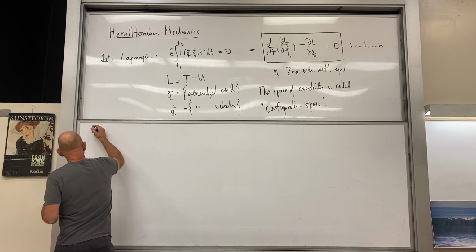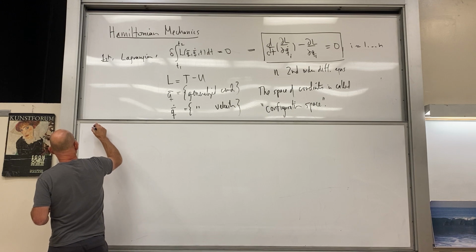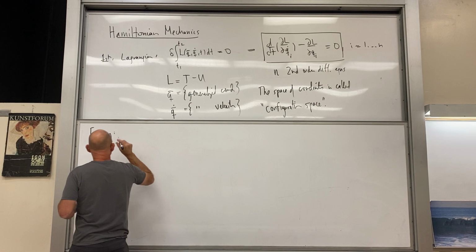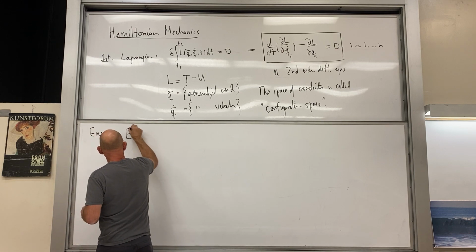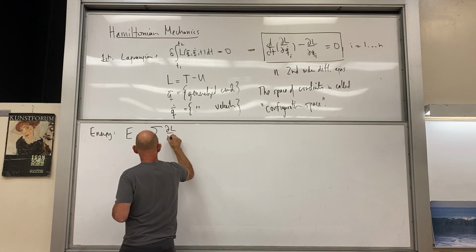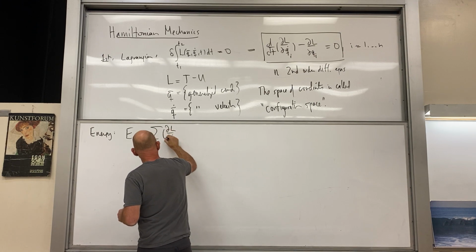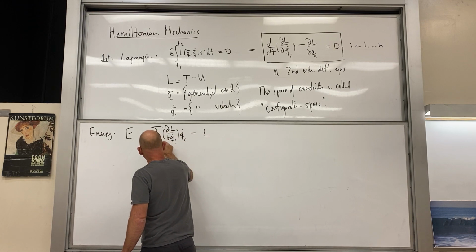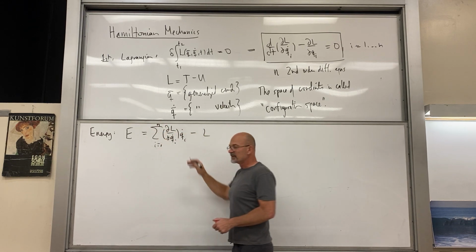So the energy is the sum of dL/dqi dot times qi dot, minus L, where the L is outside of the sum.